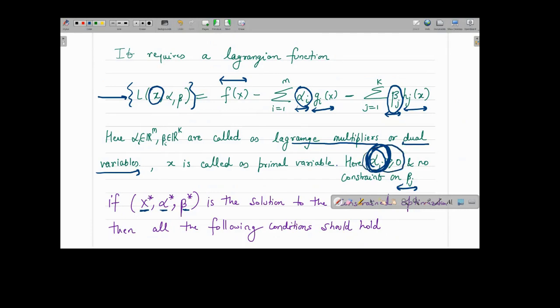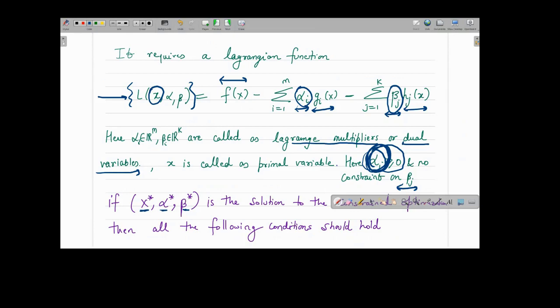This is already put in the definition of the Lagrangian function. So the solution that you get, alpha star, also has to be greater than or equal to 0. So it's coming from there. Most of the things are quite intuitive, except the fourth one, which is the complementary slackness condition, and that actually helps you understand further how this will help us.